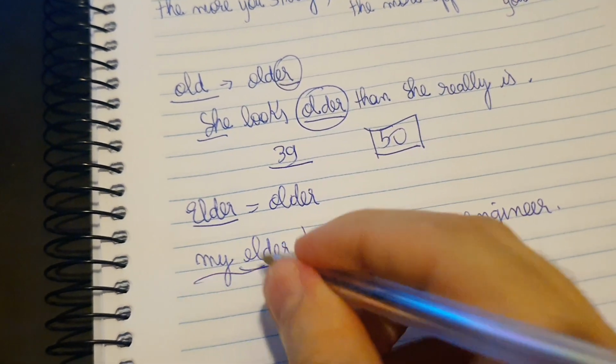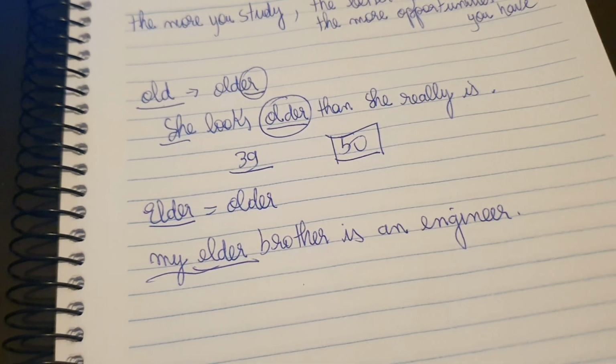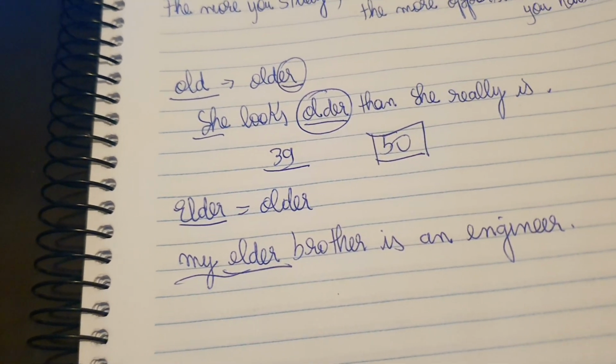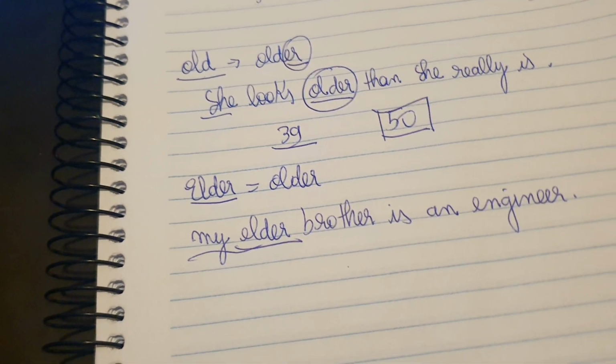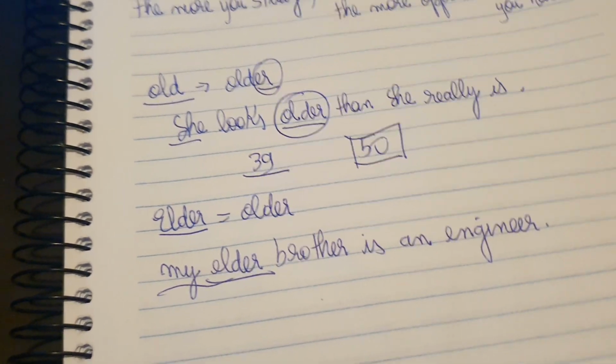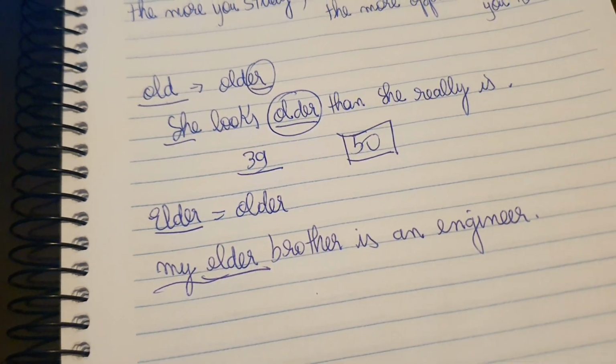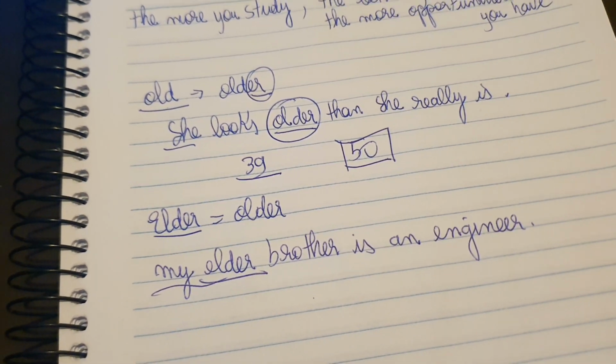So when you say my elder brother is an engineer, it means that you have many brothers, you have more than one brother, and one is older than the other, right? You are referring to your older brother or your elder brother.